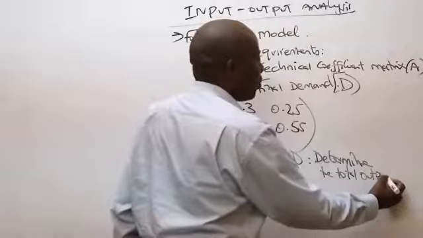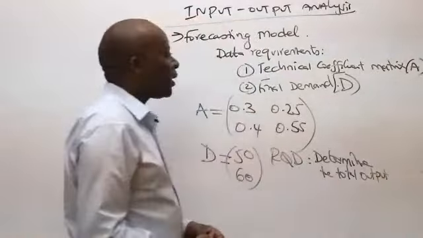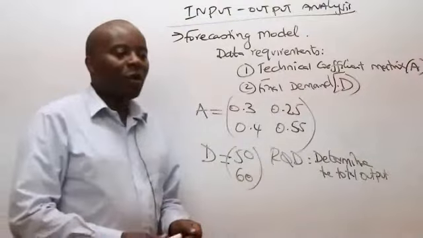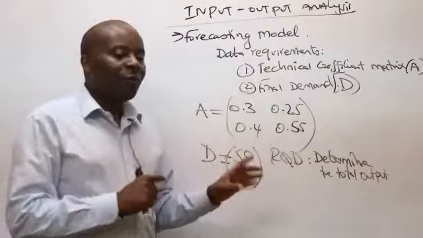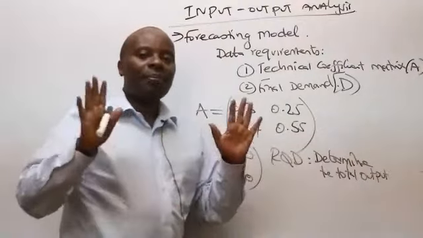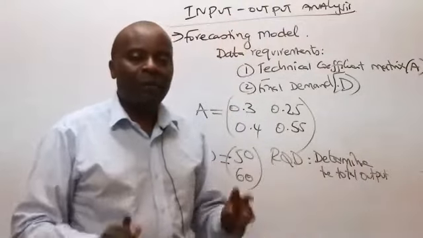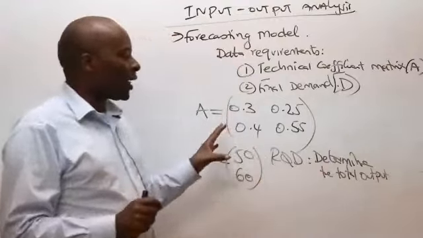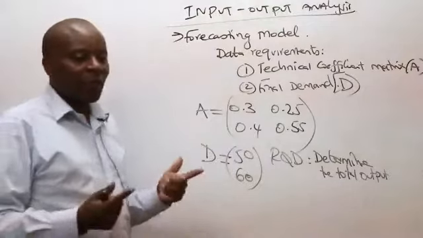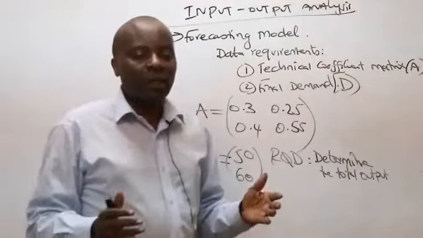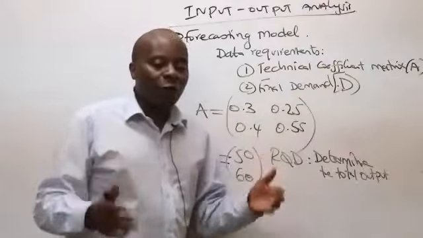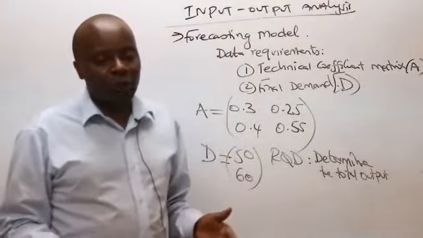Before I tell you how we construct the technical coefficients matrix and what final demand stands for, let's put everything in perspective by first looking at how we do the modeling. Once we understand the modeling, the background to the model will be straightforward.